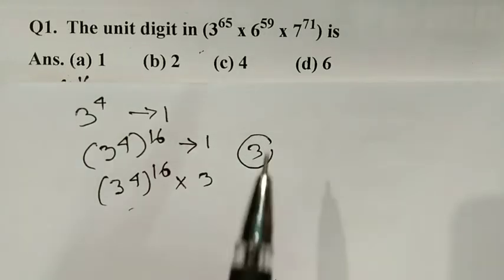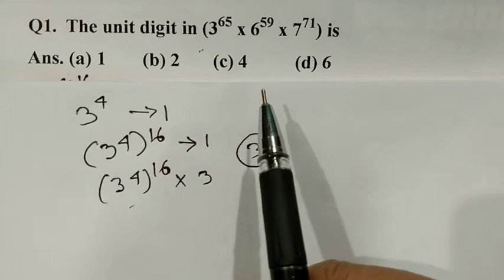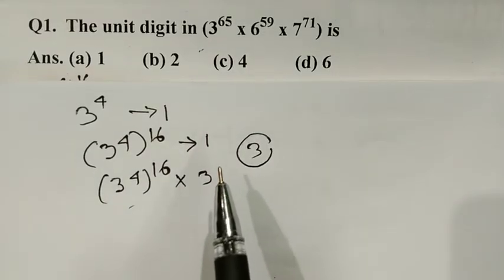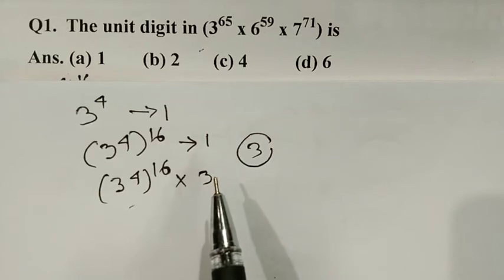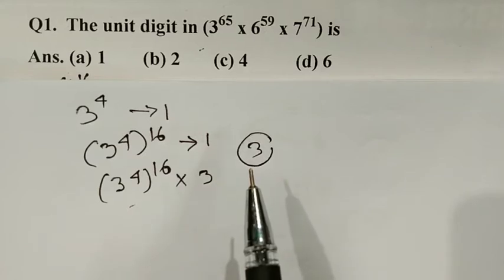Next, 6 to the power 59. 6 square equals 36, 6 cube equals 216. So we can say any power of 6 always ends in 6.